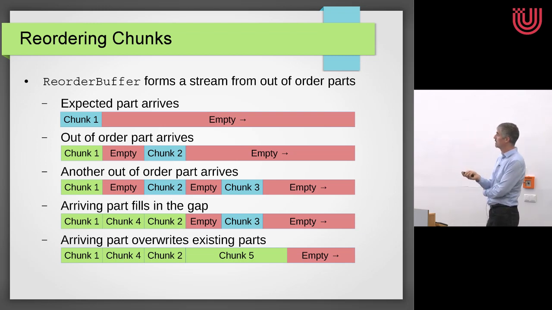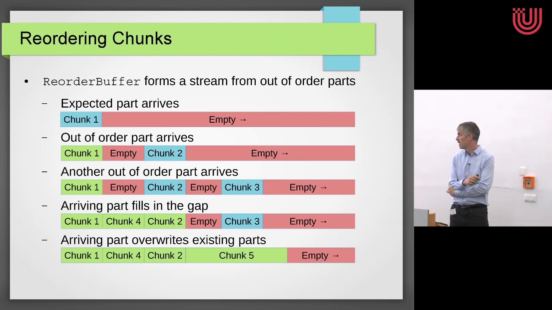So this shows that the first chunk arrives at the expected position, so it's returned by the buffer. But if some data arrives which is out of order, then it's kept there until the gap is filled by some part, and then both are returned. And finally, some part arrives which overrides this one, and again, it's returned because it's at the expected position.